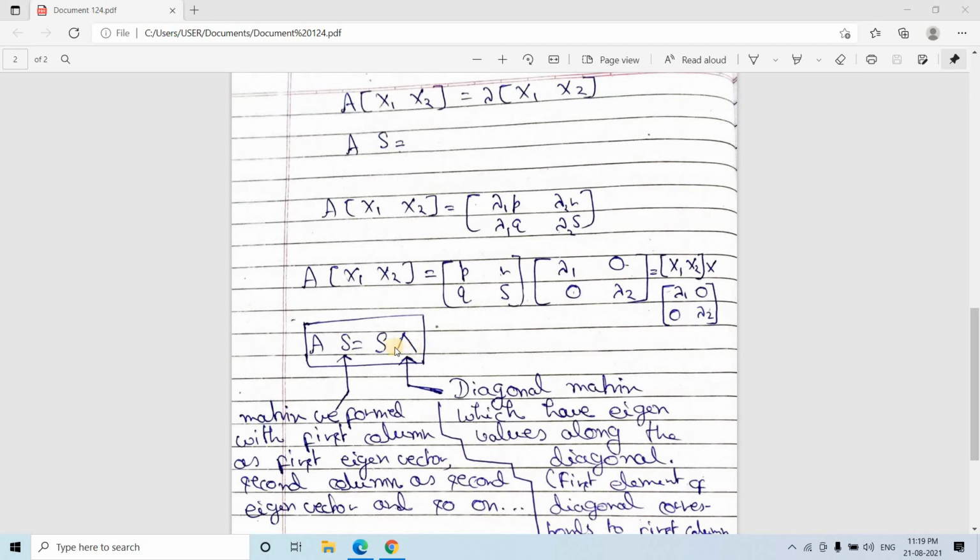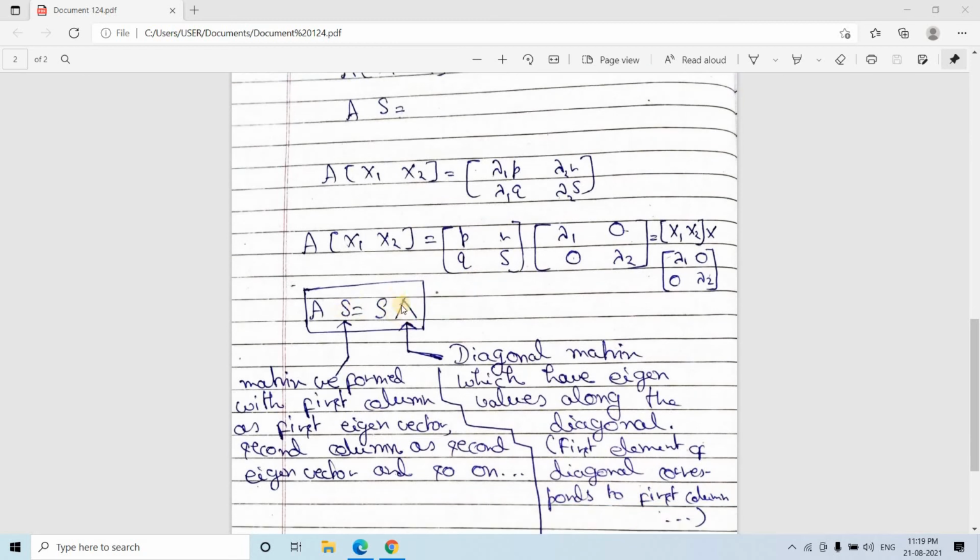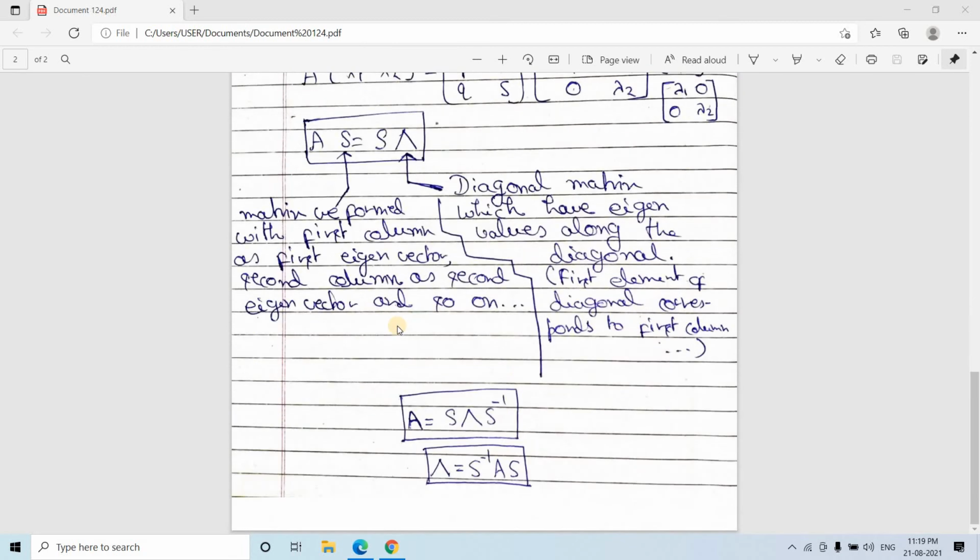The second eigenvalue corresponds to the second column of this S matrix, and each column of S matrix is nothing but an individual eigenvector. Okay, right? And the speciality about this bigger lambda matrix is that it is a diagonal matrix, you can see. Okay, so from this we can generate two different equations.